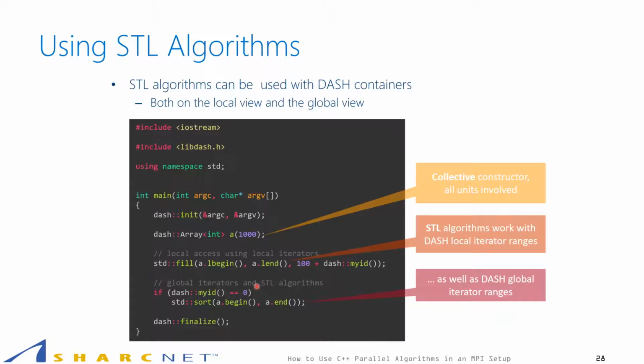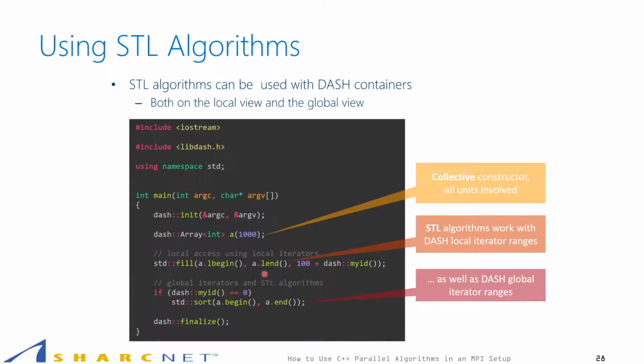But for some of the algorithms like fill or generate, the only thing that you need is to use local addressing, and the whole thing, even using the standard fill algorithm, will be parallelized through all the units. And that's the beauty of PGAS implementation in this sense.